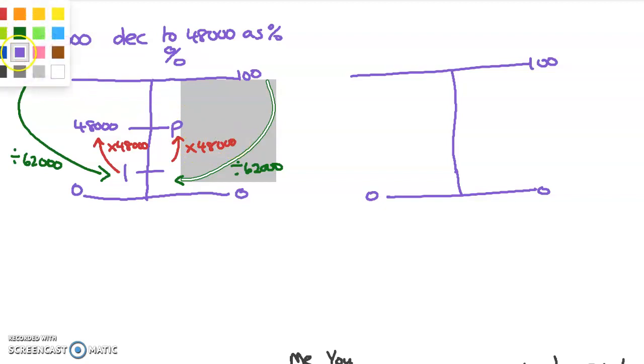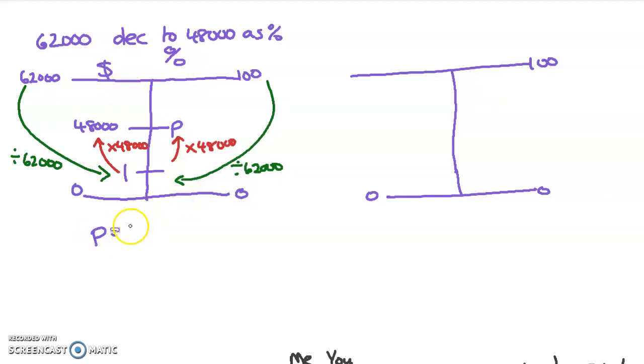And now I can say, okay, my percentage is, let's have a look, follow those arrows back to where we started. We started with 100. What did I do to it? Divided it by 62,000 and I multiplied by 48,000.